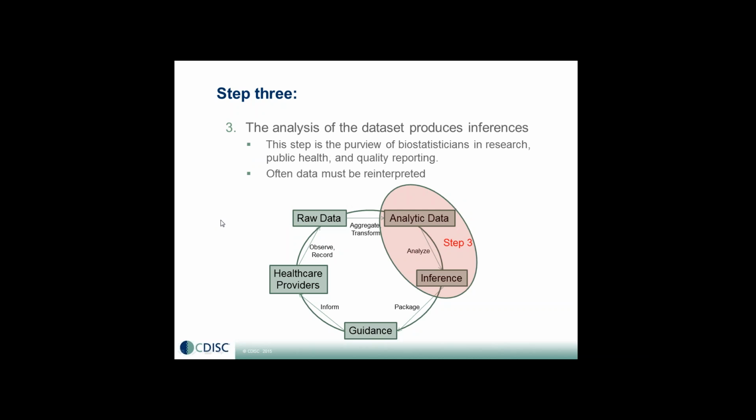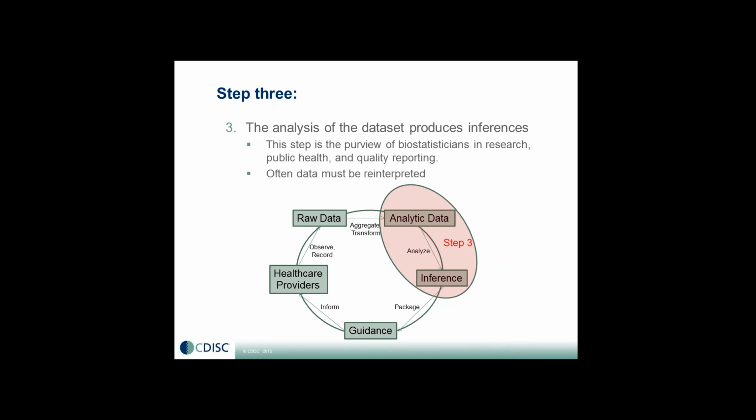The third step is producing analysis data sets that then enable inferences to be drawn. In the research world, this is the purview of biostatisticians. Similar work is done in the public health domain. The Centers for Disease Control have a lot of data that they pull out of healthcare settings to analyze outbreaks and the performance of various types of healthcare organizations.